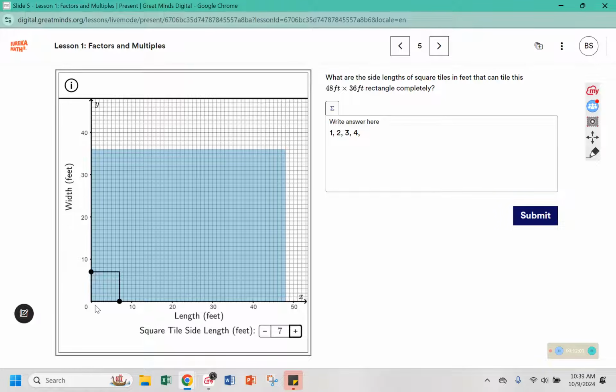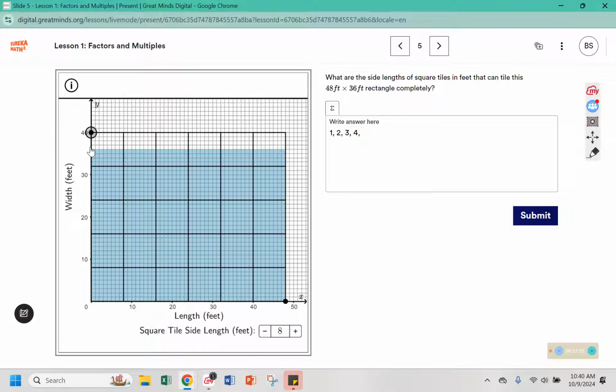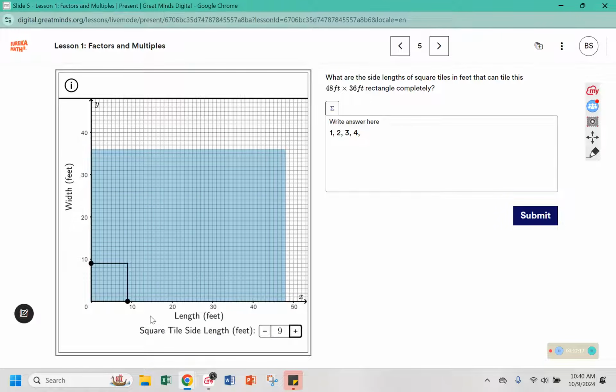7. I don't think 7 will work. 7 times 7 is 49, but we won't be able to get 48 using 7s. 8 works for 48, but it doesn't work for 36. I know 9 works for 36, but it will not work for 48. 10.